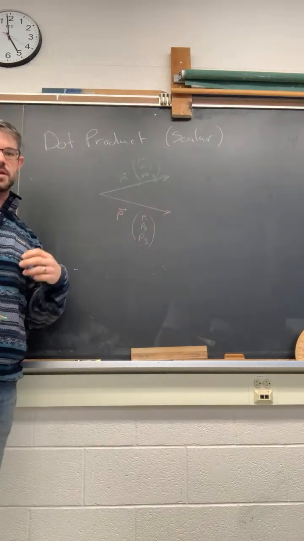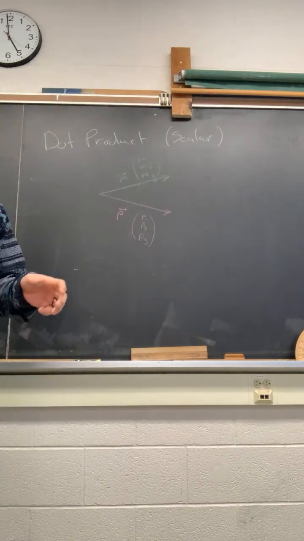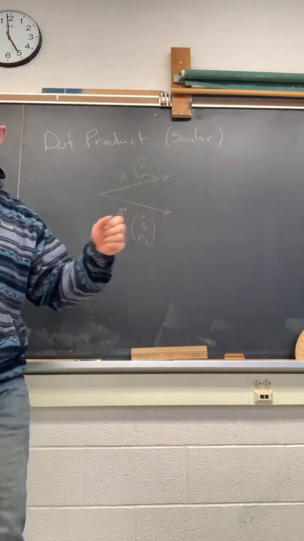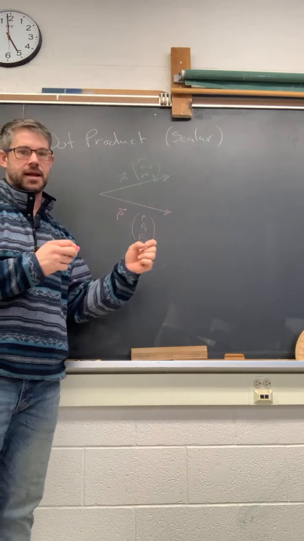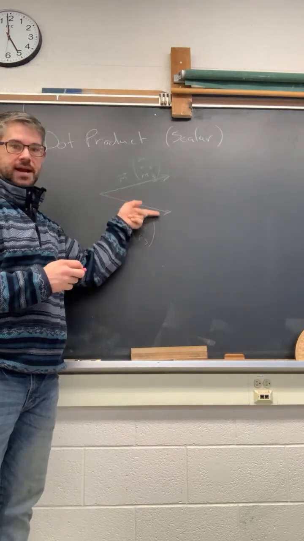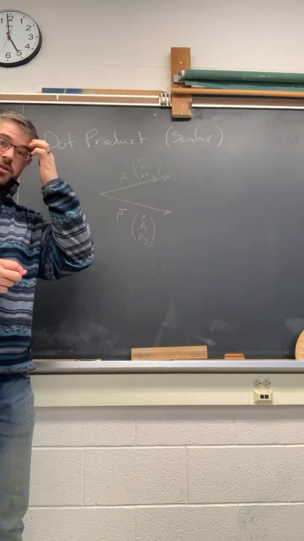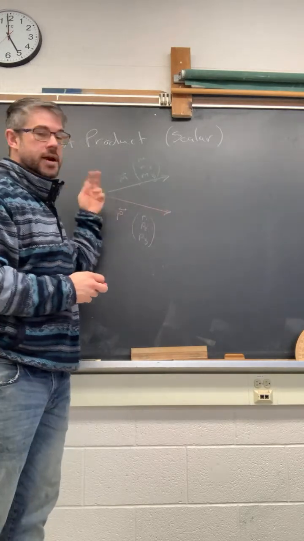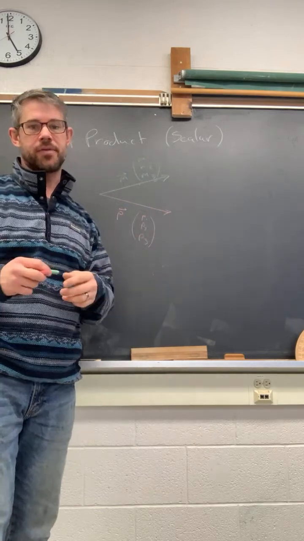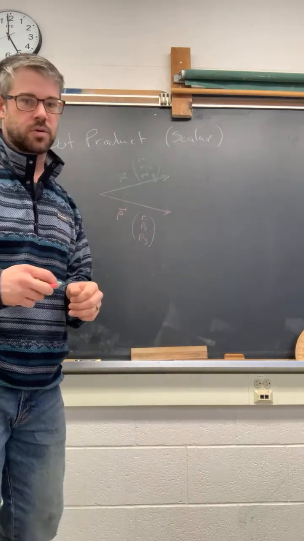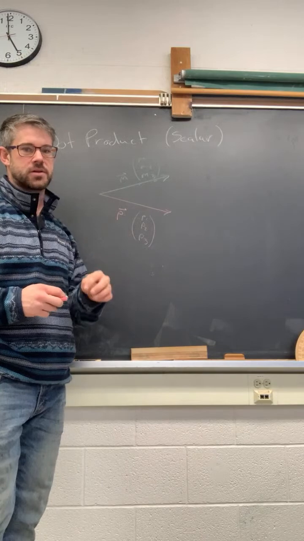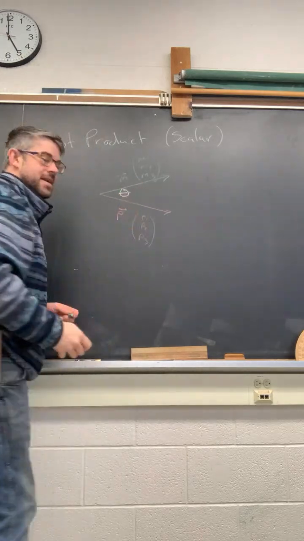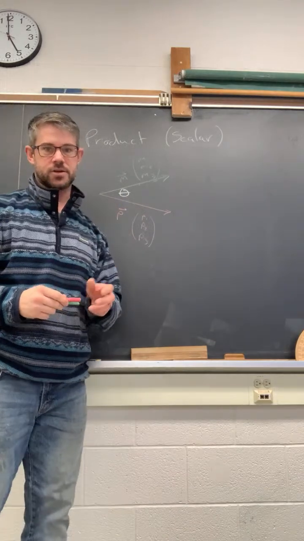This ties back into a question another student had about when we measure vectors and their magnitude, we can also measure the angle between these two vectors. There was some discussion as to whether that angle was always going to be in this particular orientation, so I told you you would have to wait for the answer. An important angle is going to be the angle contained between these two vectors here.